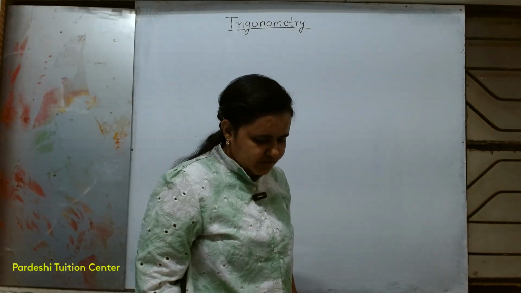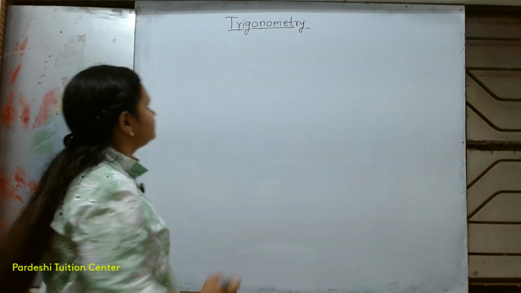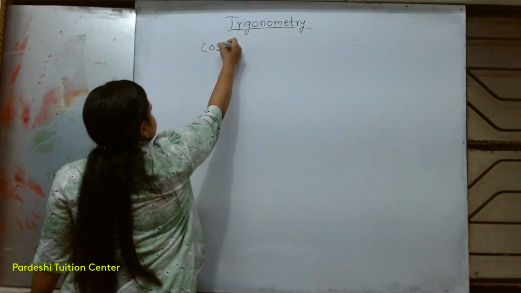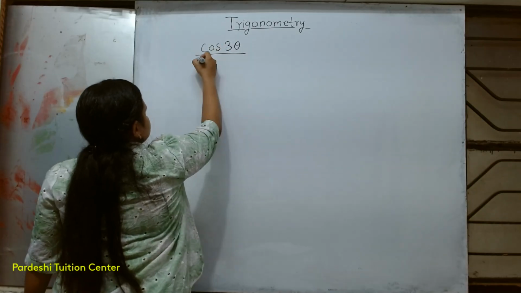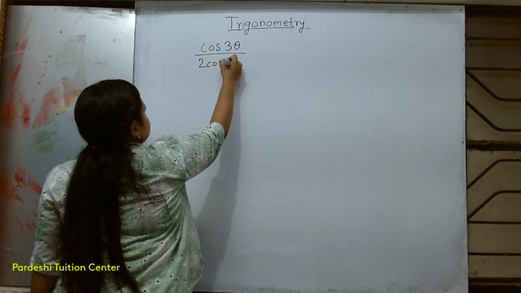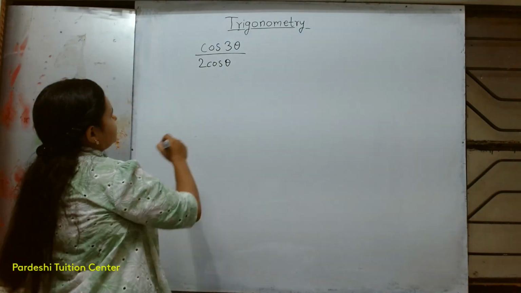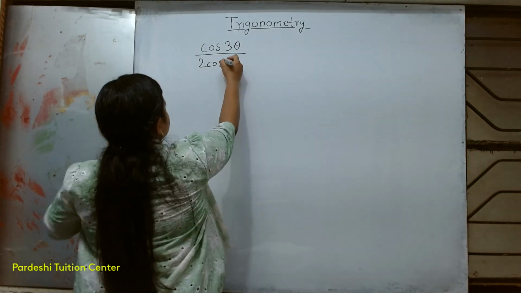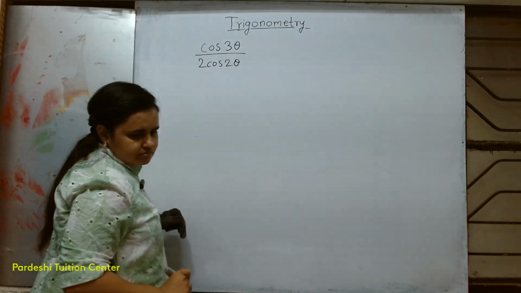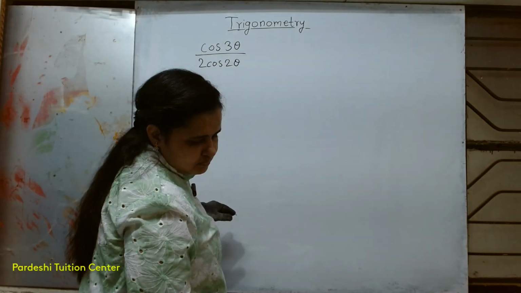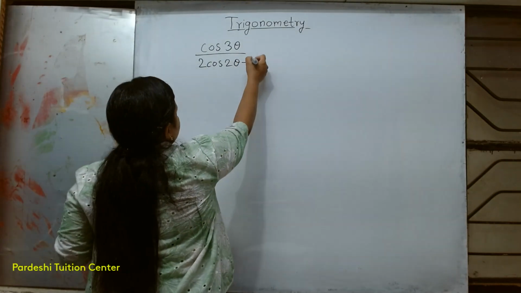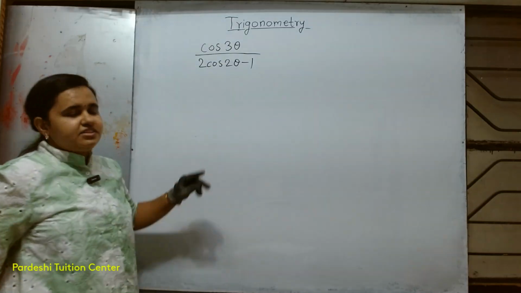Now third one, cos 3 theta upon 2 cos 2 theta minus 1. Okay, this is the question.